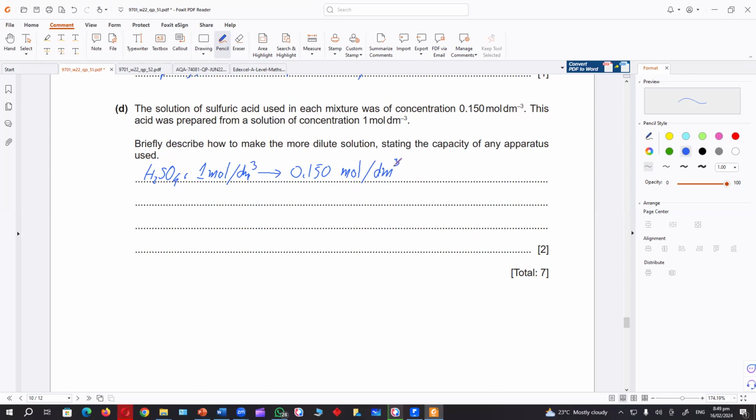So we want to convert this. So you said use a volumetric flask. That's fine.